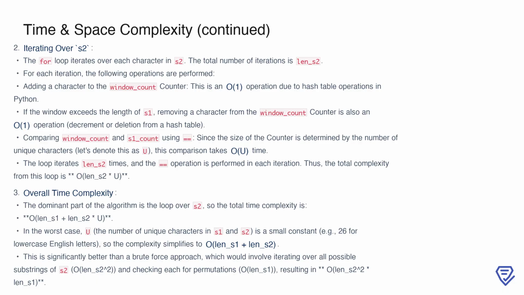This is a significant improvement over the naive approach, which involves checking all possible substrings and has a much higher complexity of len_S2^2 * len_S1.